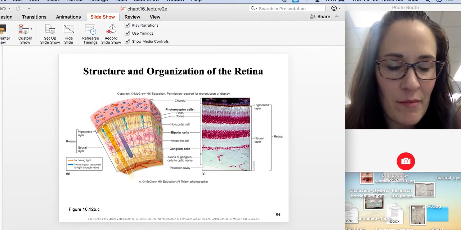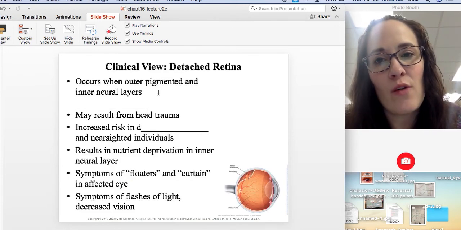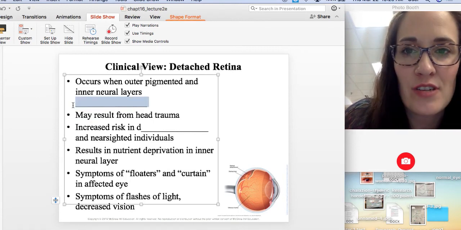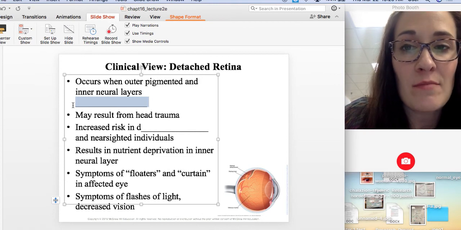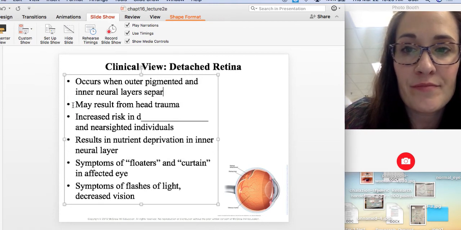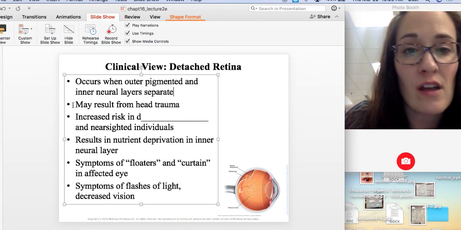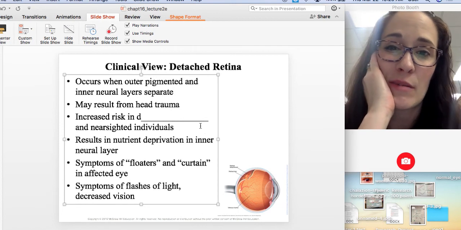Again, same idea there. So, some problems with the eye. One thing that can happen is the retina can become detached. That's when the pigmented layer of the retina becomes separated from the neural layers, the cells with the neurons. This can result from getting hit really hard, head trauma.